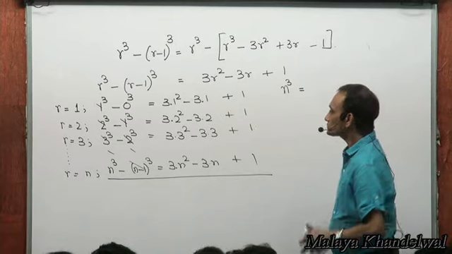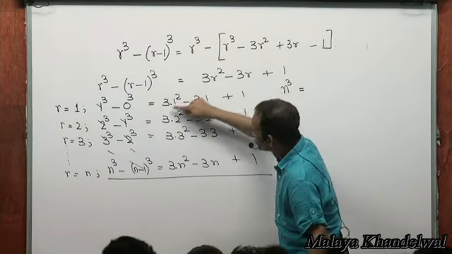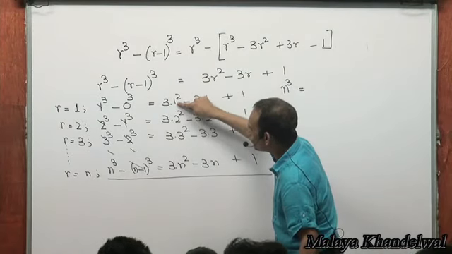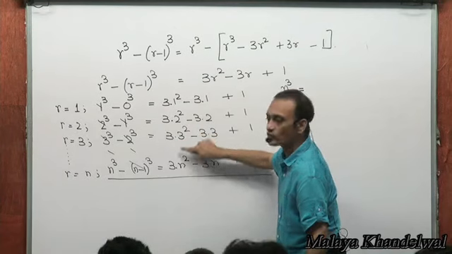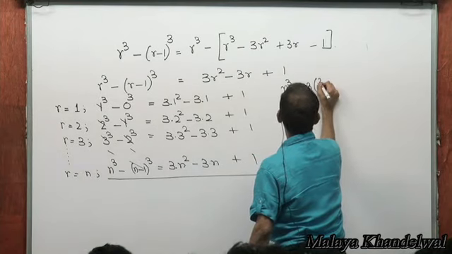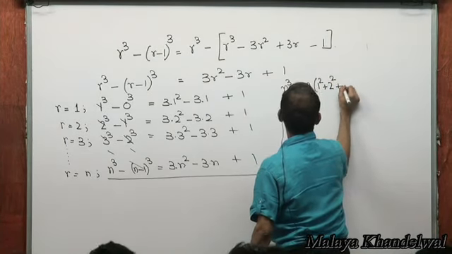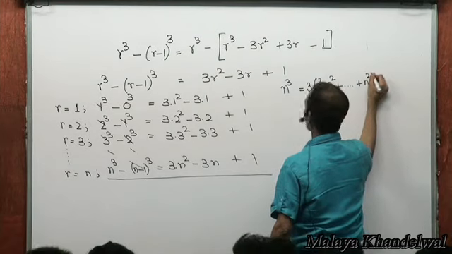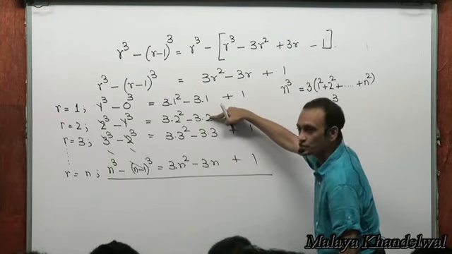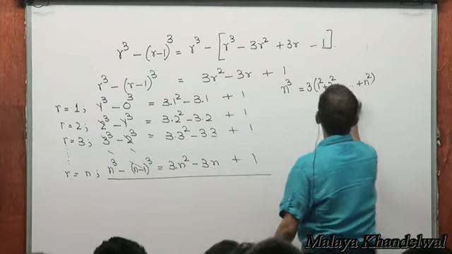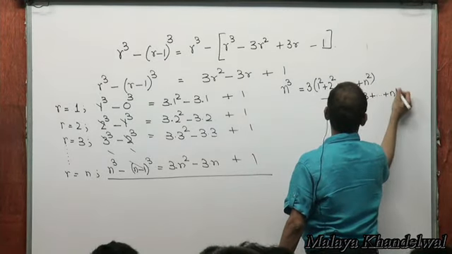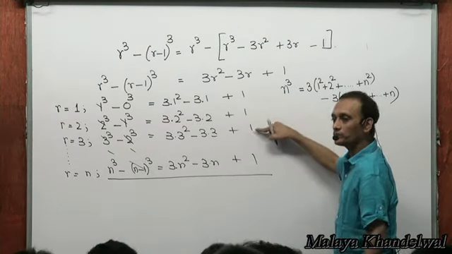So that gives me n cubed equals 3 into, if I add these and then these and then these, that's how I'm going to add, right? 3 into (1 squared plus 2 squared plus 3 squared plus ... plus n squared), minus 3 into (1 plus 2 plus 3 plus ... plus n), plus 1 plus 1 plus 1 plus 1.